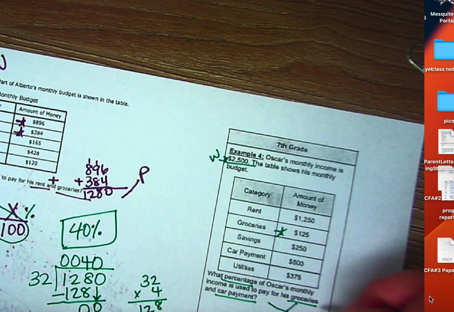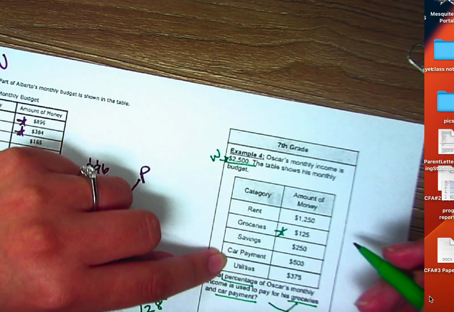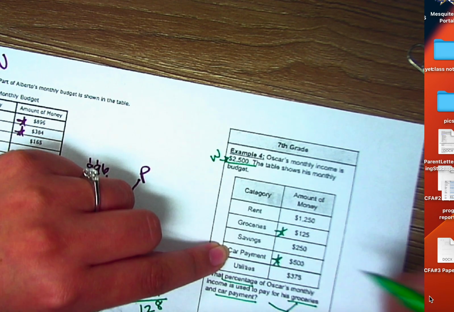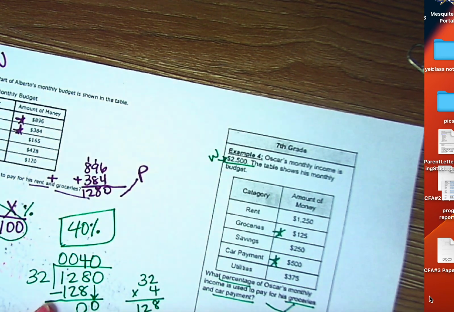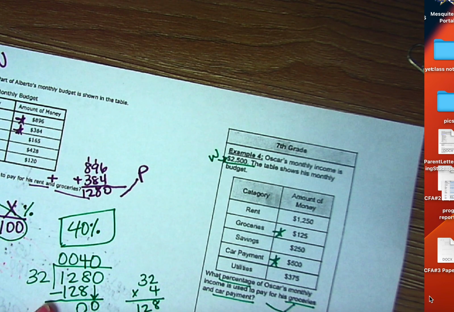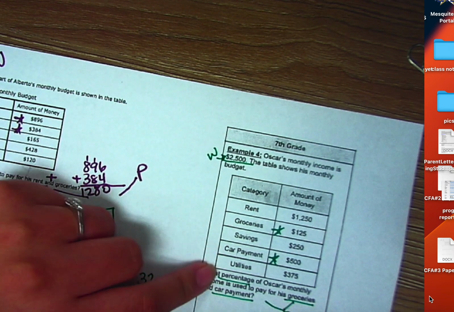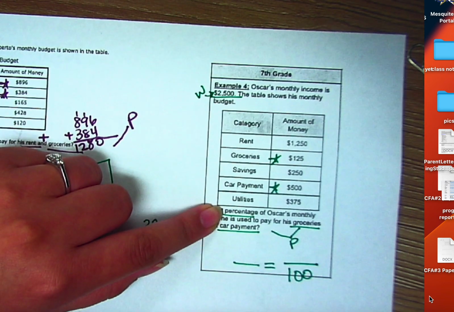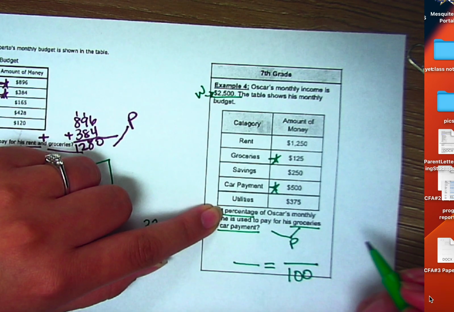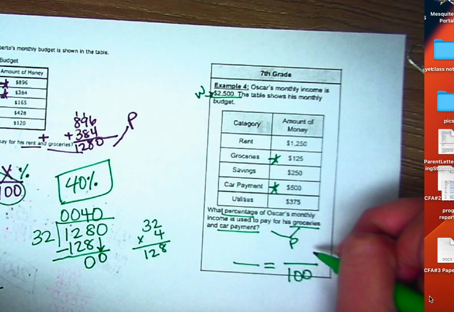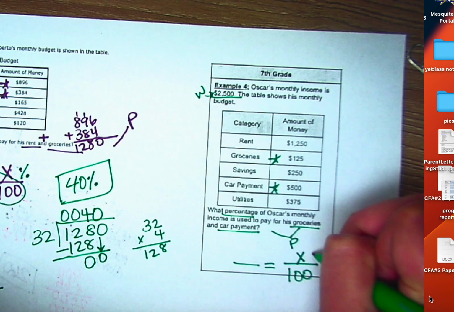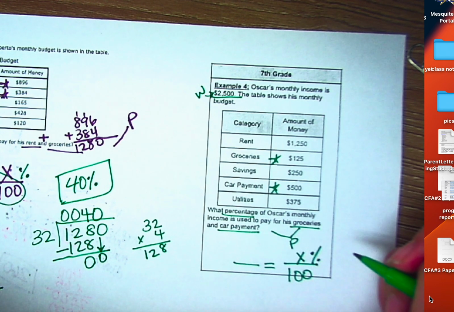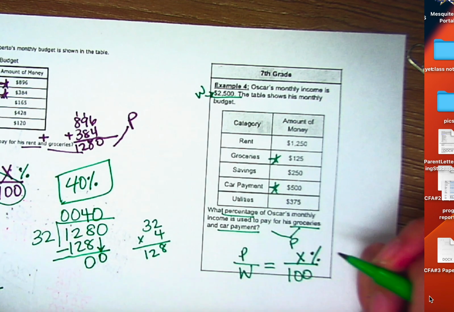That is going to be your part. You're adding groceries and car payment. Okay. Make sure you set up your proportion. This is always going to be 100. The question's asking for percent. The percentage, we need to find that x. Okay. Go ahead and do that now.